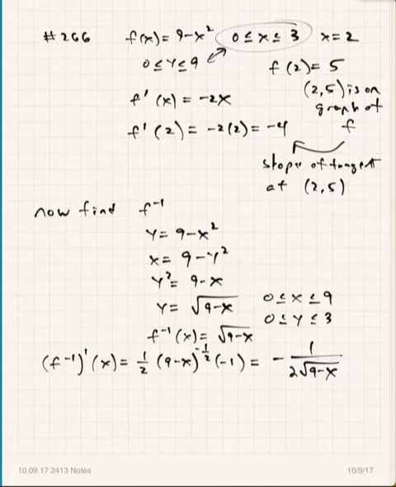All right, and so then we take the derivative we just found and we evaluate it at the mirror image point. Remember, the mirror image point in this case is 5, 2, right? 5, 2 is the point that we want to look at. It's the mirror image of 2, 5.